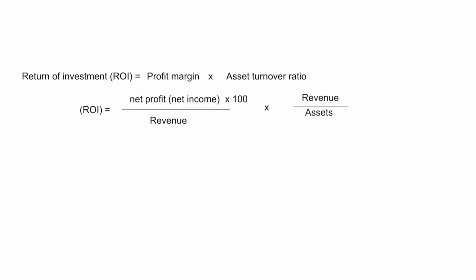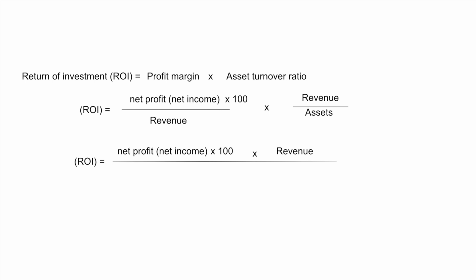When we have two fractions we need to multiply, we have to multiply the denominators and the numerators. We'll do this below. So the net profit multiplied by 100 multiplied by revenue should be divided by revenue multiplied by assets.